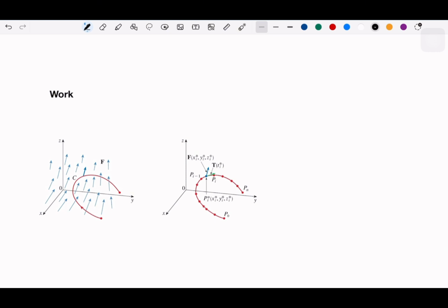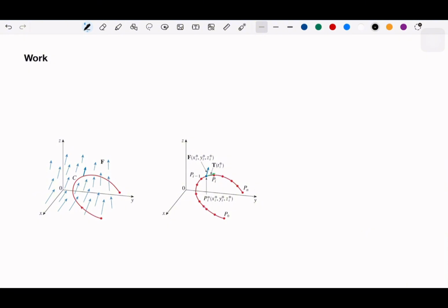Although maybe we don't really have much content before on work, I hope I can cover today's class on work using the vector fields and line integrals.